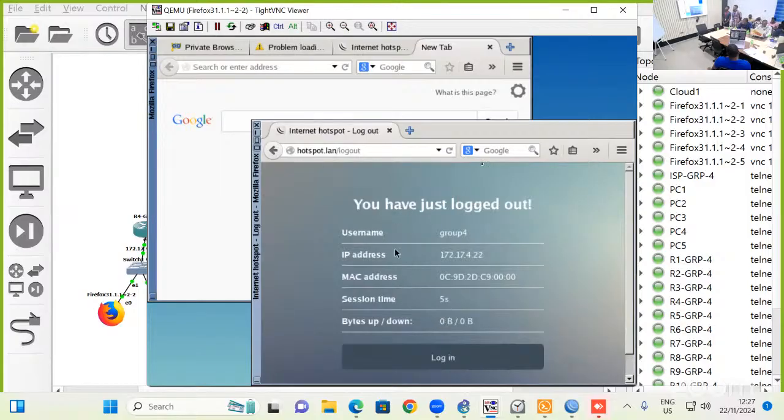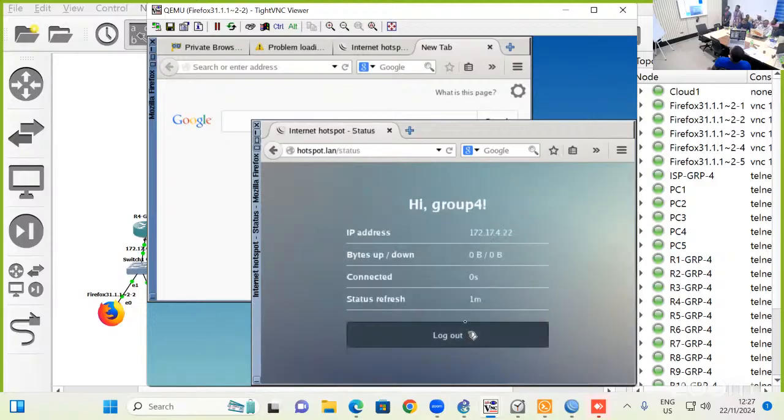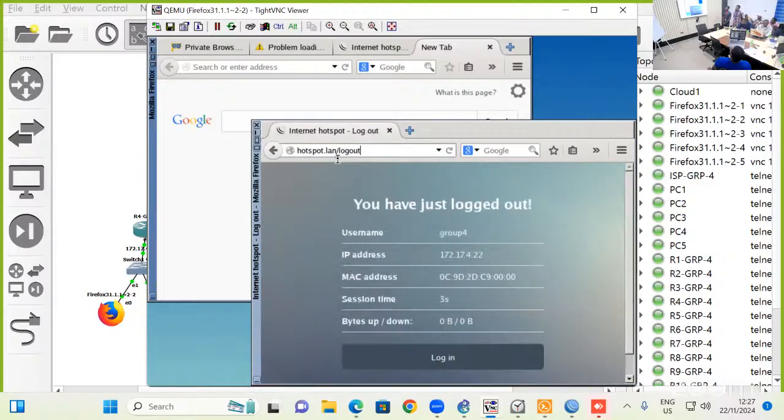Did you bind this browser? No, I didn't bind the browser. It's hotspot.lan, not hotspot4. See it here now, that's what it's responding with. Hotspot.lan.